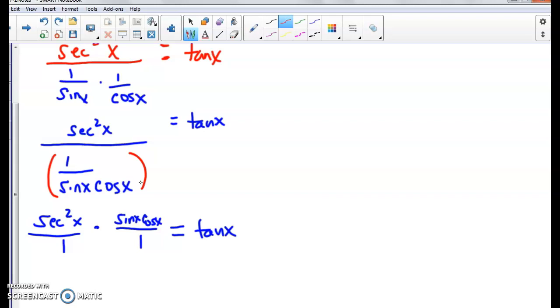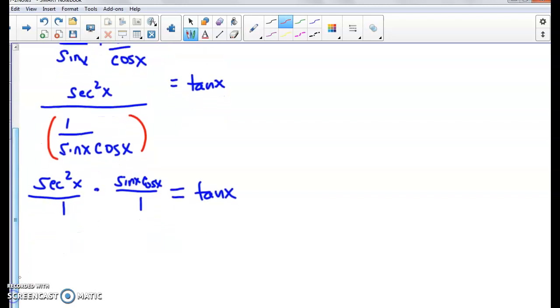Okay, alright, next let's see what we can do. Secant squared is the same thing as 1 over cosine squared. I don't know if that will help me, but I will write it down. And I'm not going to write divided by 1 because that really doesn't matter.